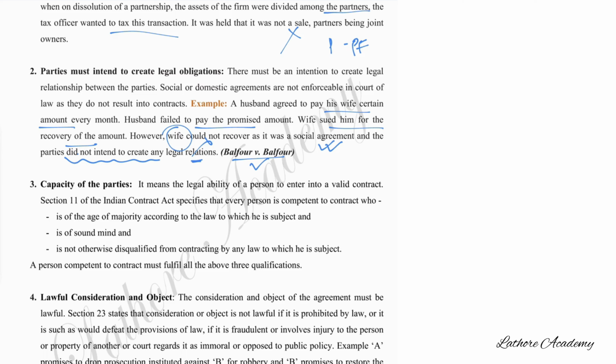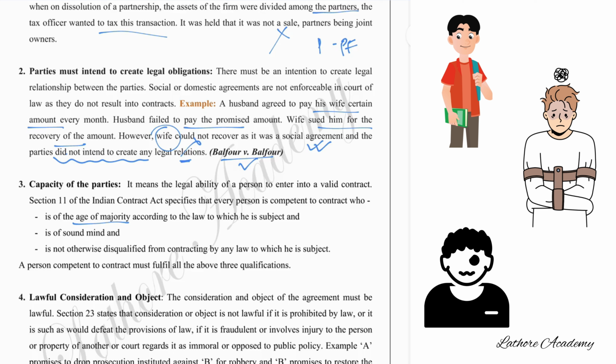I just want to point out there is a reference to section 11 of the Indian Contract Act, which states that every person who is of the age of majority, who is of sound mind, and who is not otherwise disqualified from contracting by any law to which he is subject.